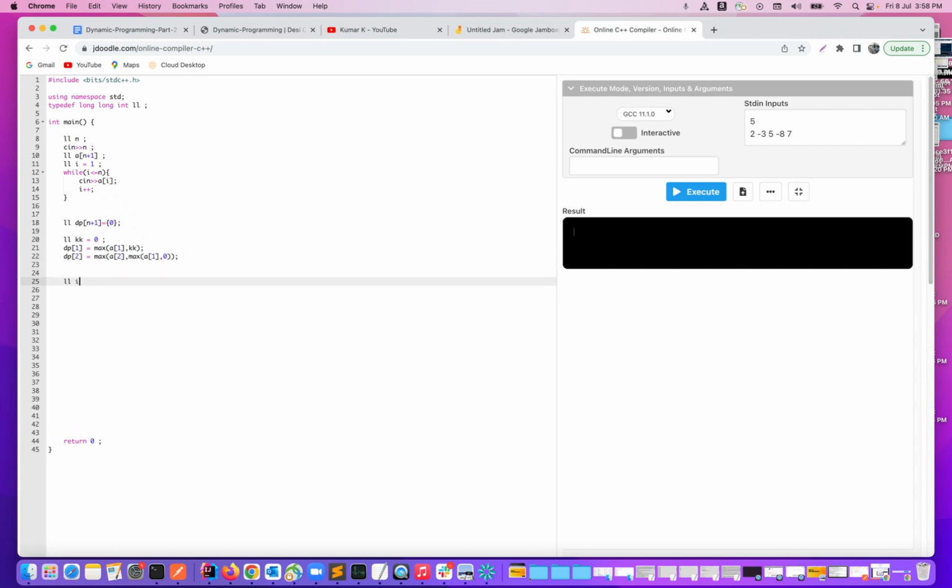Now quickly let's get down to business and start running our loop from 3 till n. The time complexity will be O of n because I'm running a for loop from 3 to n.